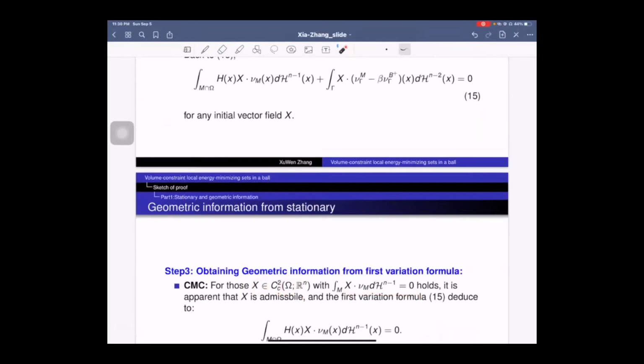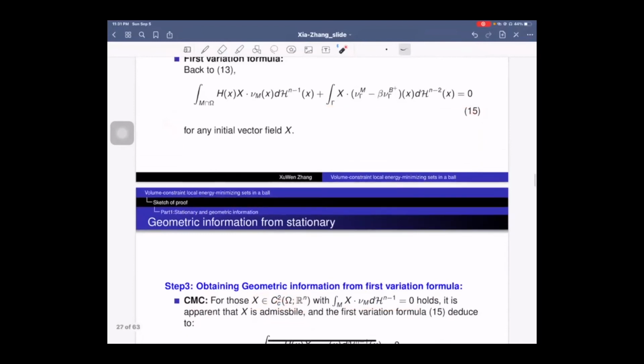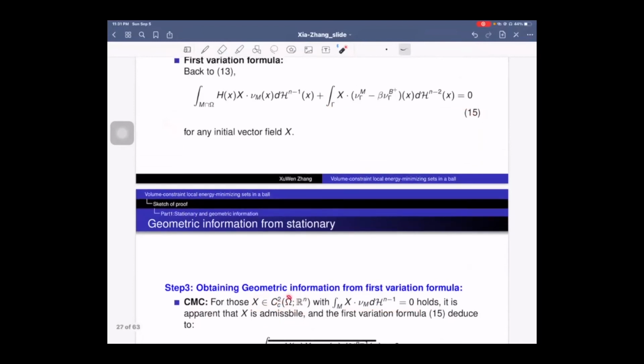It is apparent that X is admissible because X is automatically tangent to the boundary. So we can use this formula to test X. And since X is 0 at the boundary, this guy is 0.